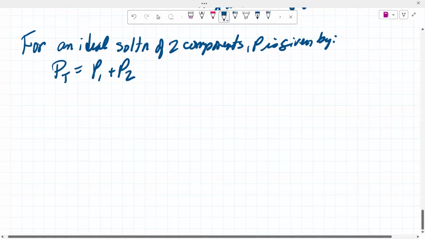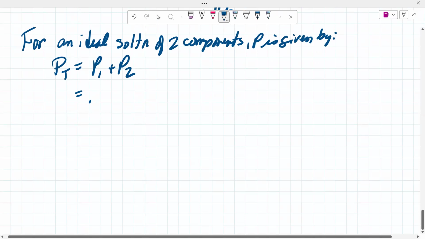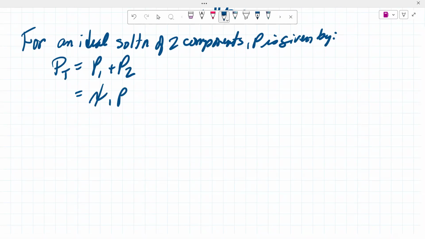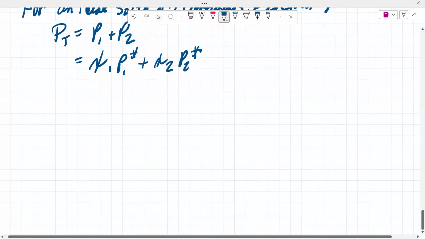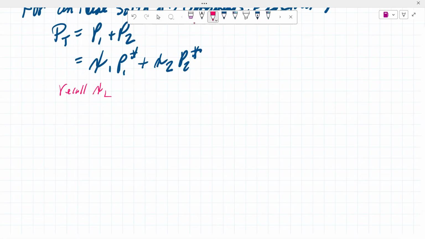And then we can write this out just like we did before: the fraction chi1 P1 star plus chi2 P2 star. Also chi1 plus chi2 equals 1, i.e. the fractions sum to 1.